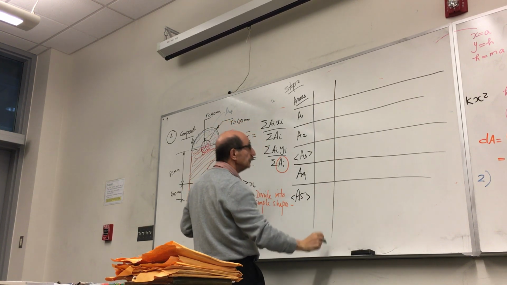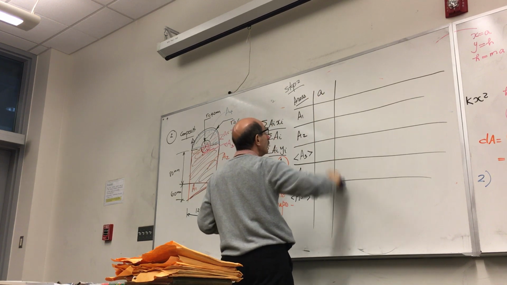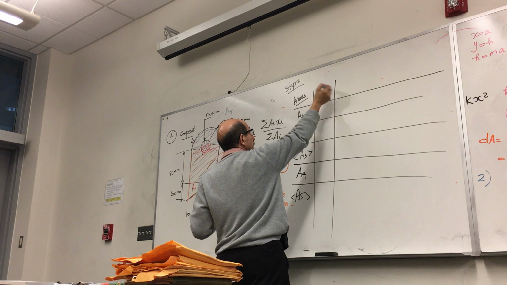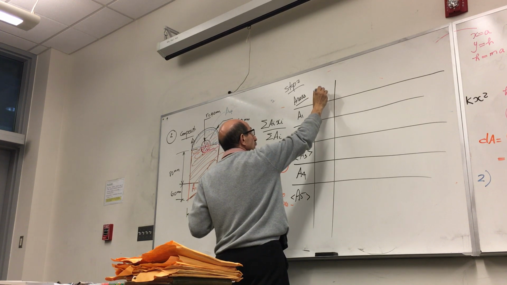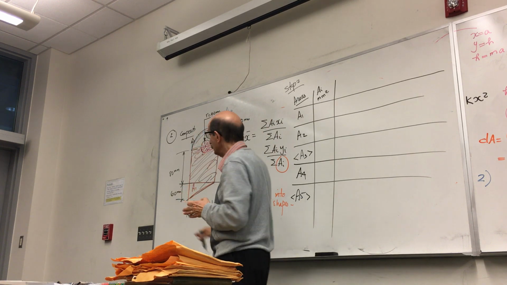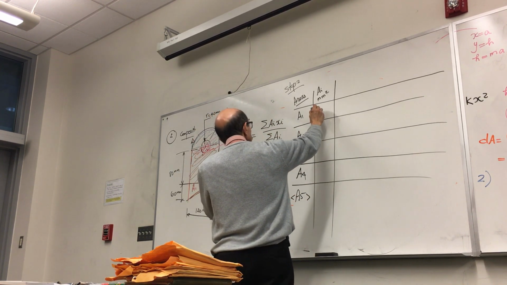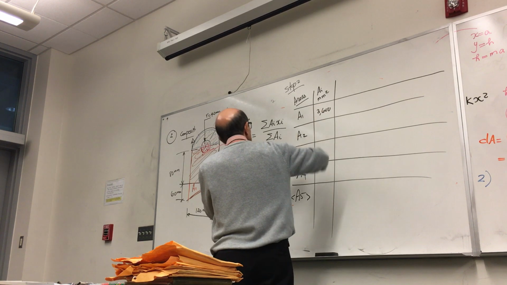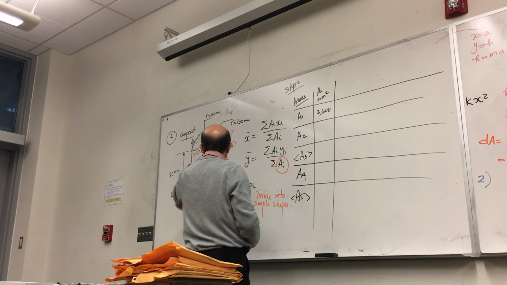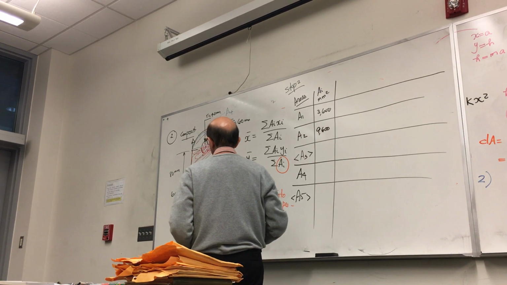The next column, I would simply list those ai values for each of those sub-areas in whatever units that I have here. First, this is a triangle, so it would be 60 times 120 divided by 2, so it would be 3,600 millimeters squared. For this rectangle, 80 times 120, so it would be 9,600 millimeters squared.